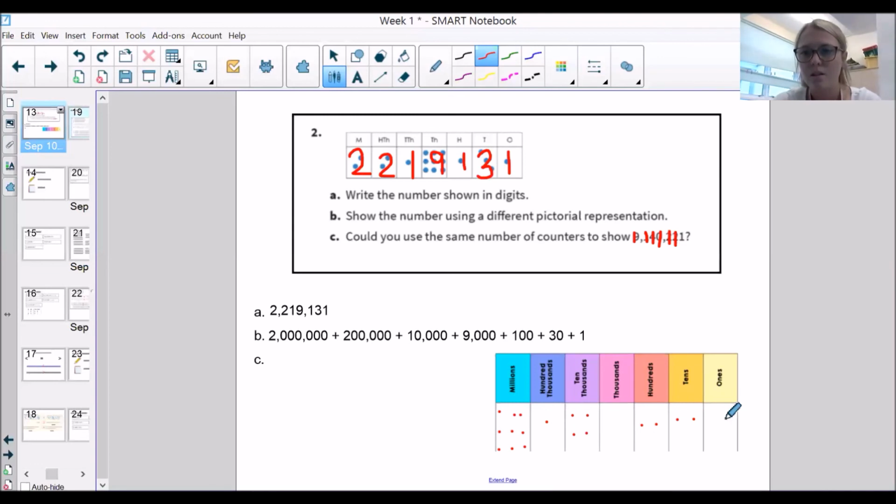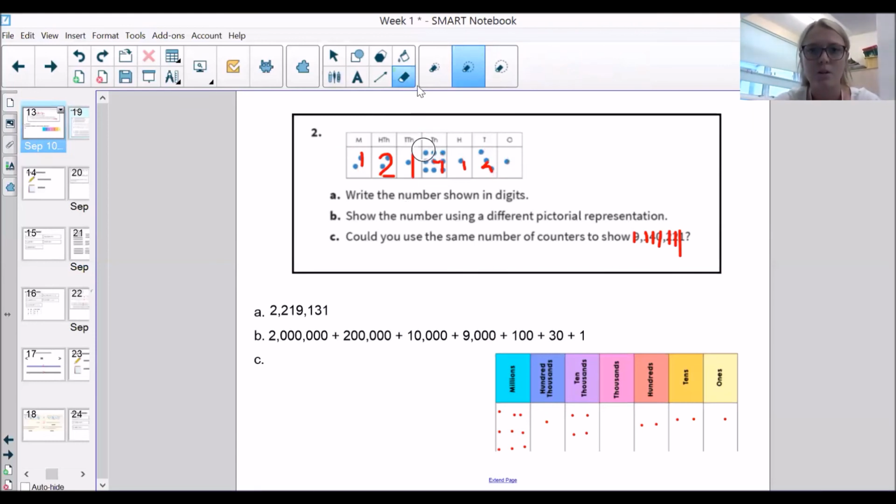To compare the number of counters in both numbers, what I'm going to do is add them up, or count them up, whichever way you want to go about it. I'm going to do the original number first. So I've got 1, 2, 3, 4, 5, 6, 7, 8, 9, 10, 11, 12, 13, 14, 15, 16, 17, 18, 19 counters used to show my original number.